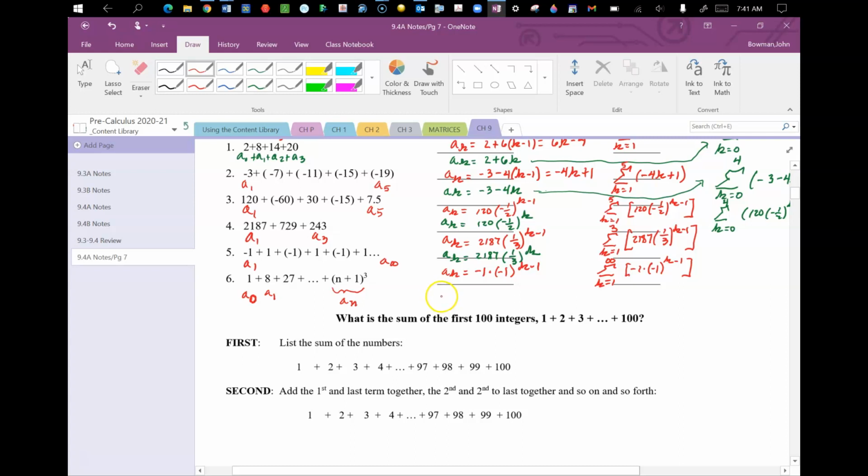So our explicit rule, a sub k, is equal to k plus 1 to the 3rd power. Okay, you'll notice I switched to k here, and I'm going to show you why in just a minute. So we're going to write our summation notation. We're going to start at k equals 0.